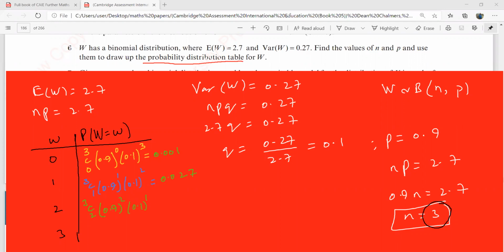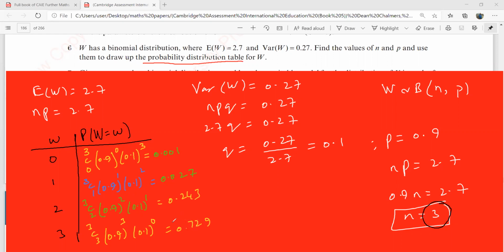And the last one is 3C3, that is 0.9 raised to power 3 and 0.1 raised to power 0. The second last one is 0.243 exactly. And this one is 0.729, I think.